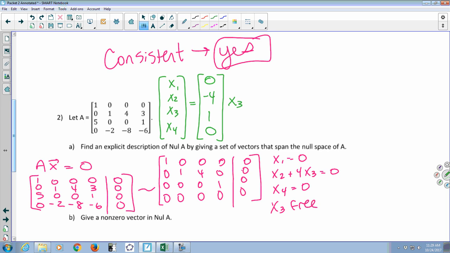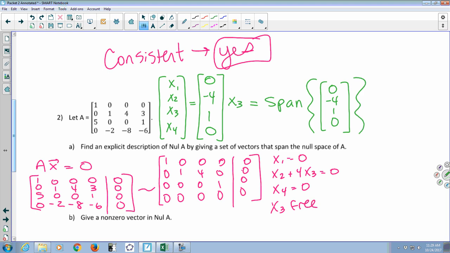Those are all the vectors that A times it equals 0. But they asked me to use the word span. So this is the span of this vector, 0, -4, 1, 0.